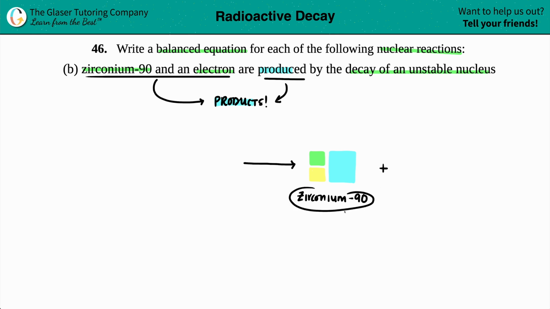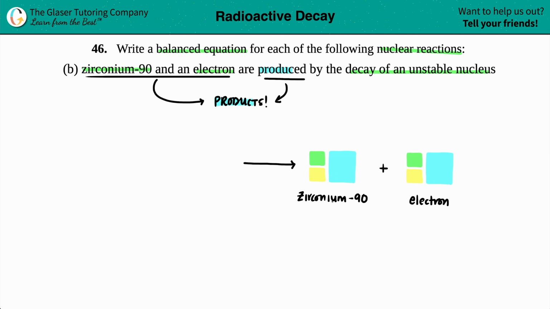Since this is a metal, it's mimicking carbon, which is the diamond. And it's pretty interesting because diamond is carbon, which is a non-metal, while cubic zirconia is coming from zirconium, which is a metal. So it's very interesting to see that metals and a very special form of carbon have very similar chemical properties, but that's just a side fact. But anyway, we have zirconium-90, and then we have that electron. So we just got to write these two out.